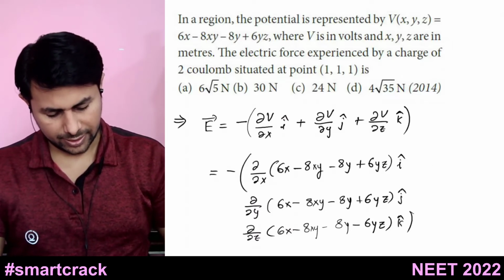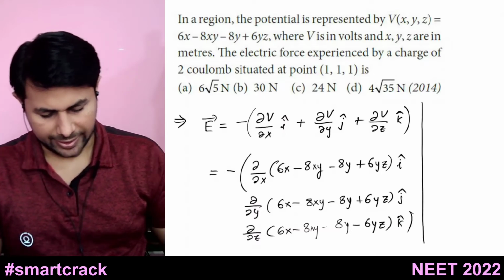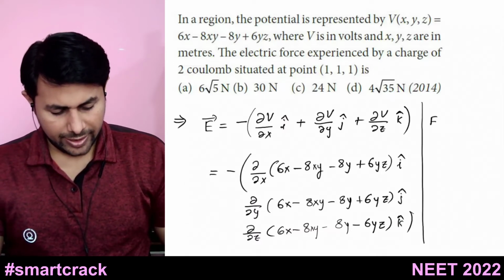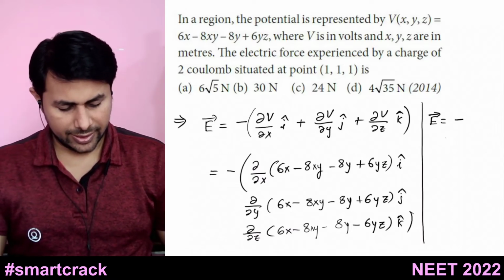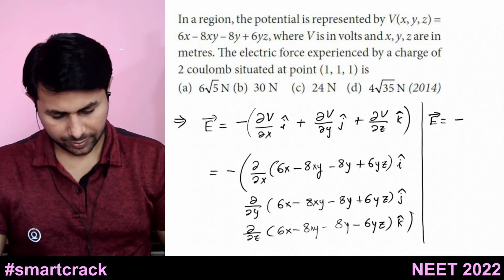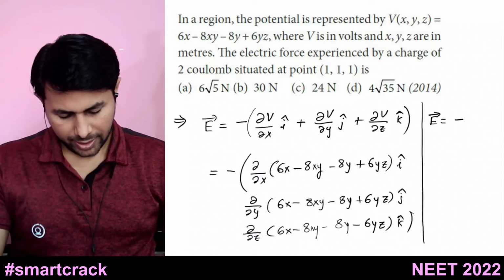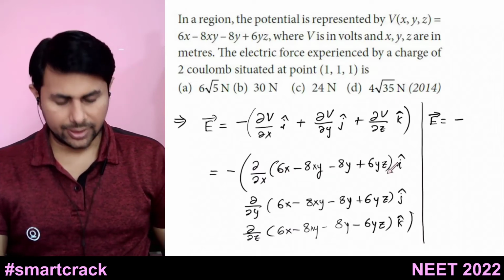So let's see what we get. E bar equals, minus sign is there, and I will write the x, y, and z components. Here x is there in this term and this term and not in the other two terms.